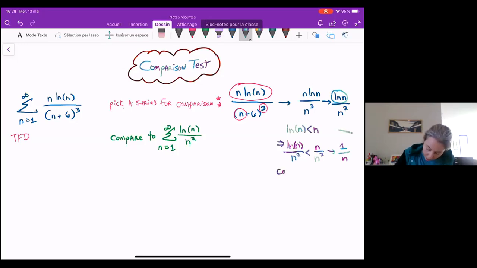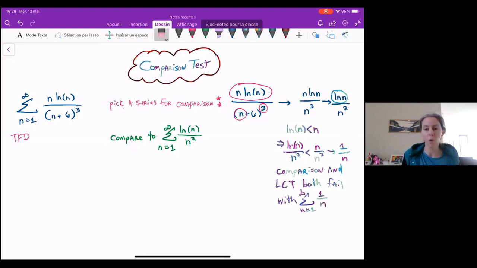So comparison and limit comparison both fail with the sum n equals 1 to infinity of 1 over n. Now, the limit comparison will almost always fail when we have a ln n involved, if we don't have a way to get rid of that ln n, because ln n is going to infinity as n goes to infinity, and so oftentimes we'll have a 0 or an infinity as our result.